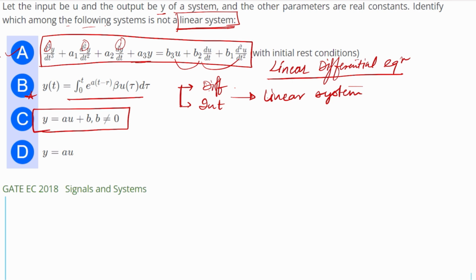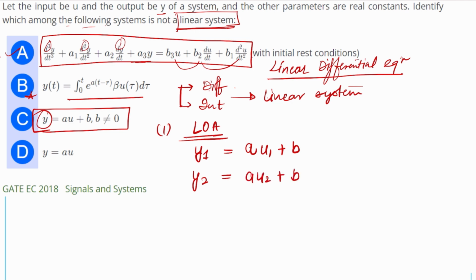Now this kind of system. Let's just check this system for the law of additivity. Now the law of additivity says that if I am taking y1 is equal to a u1 plus b, right? And y2 is equal to a u2 plus b.